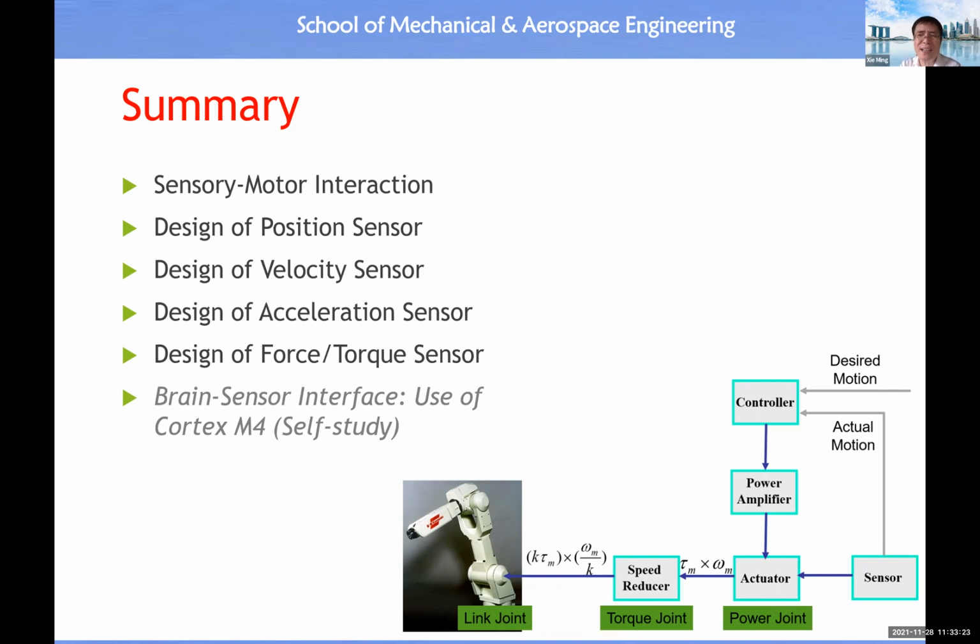Because the full study of this aspect requires another semester, and we have another course which covers the Cortex M series microcontroller. So by doing self-study with this material, you have a basic idea about this capability for your robot to have.